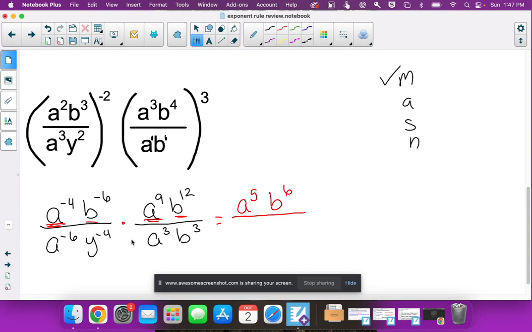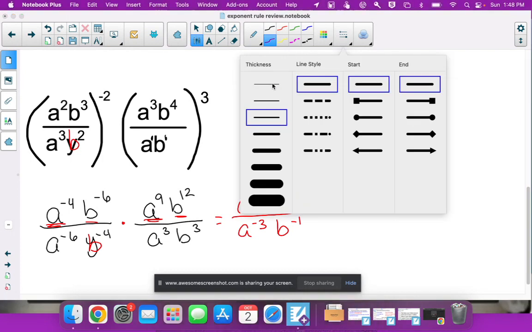Now I'm going to multiply my bottom. So I've got -6 and 3. That's a to the -3. And then -4 and 3, that's supposed to be a b. I'm apparently having a moment because that would not go together otherwise. I apologize for that. That would be b to the -1. It is supposed to be b, otherwise there's no matching. Okay, so now we've taken care of the addition rule with a slight mistake on my part.